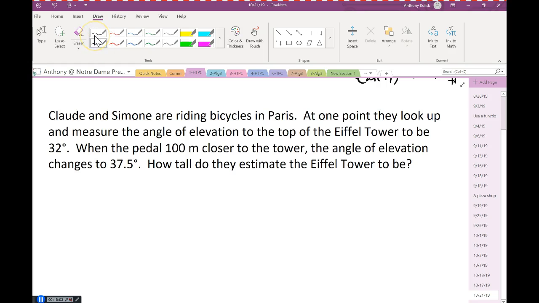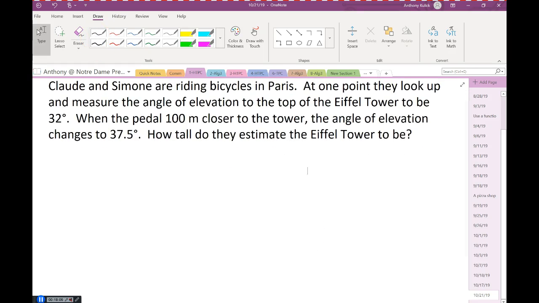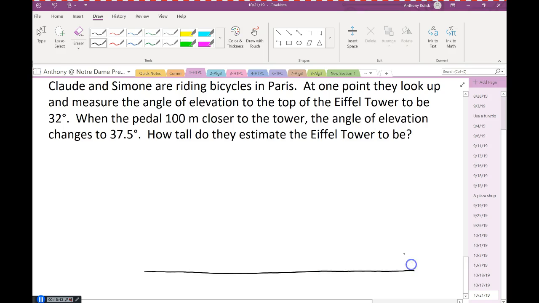So we'll start by drawing ourselves a picture. Are we still going to try to be winning art awards here? Oh, goodness. That's my Eiffel Tower. Well, that's why you guys all get your own sheets of paper.